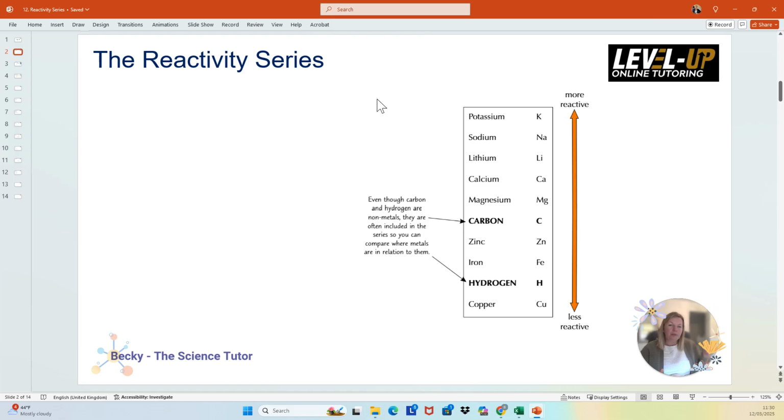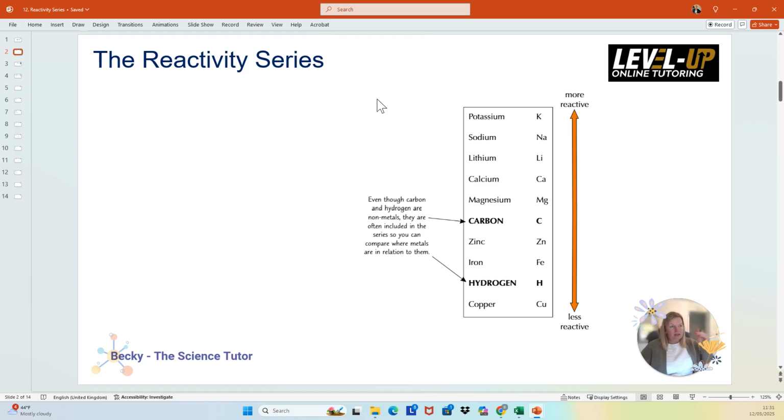Group 1 become more reactive as they go down the group, because it is easier for the lower ones to lose their outer electrons. And as I've said to you before, reactivity is all about how easily electrons are gained or lost. Electron structure dictates reactivity.